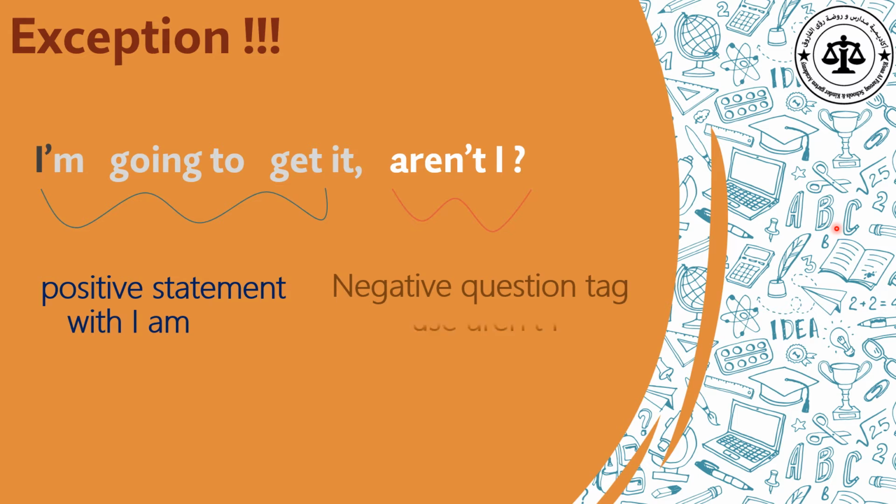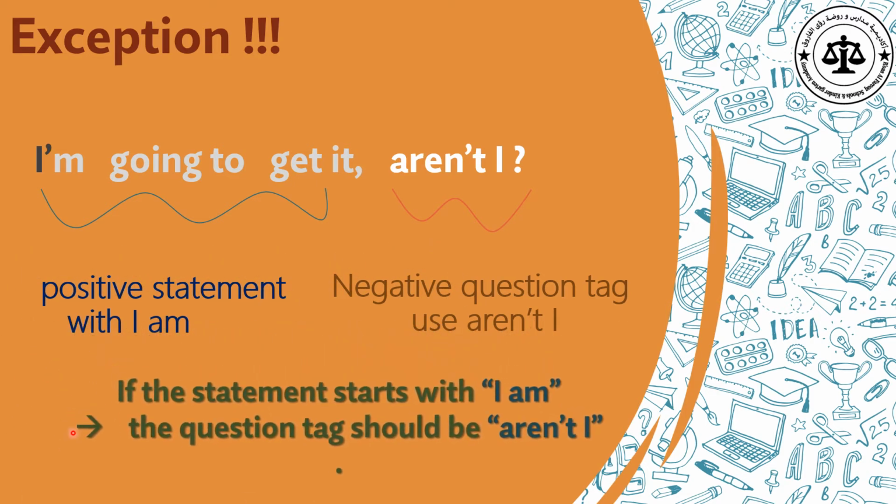Okay. We use aren't with I. Why do we use that? If the sentence starts with I am and is positive, the question tag should be aren't I. ليش؟ لأنه ما عندنا إشي in English اسمه I'm not. ما بزبط أحكي هون I'm not I. No, it's wrong.